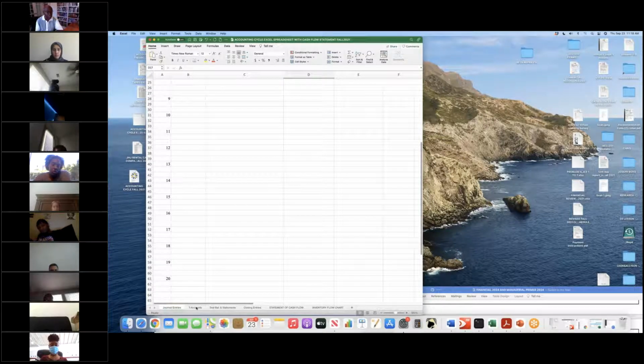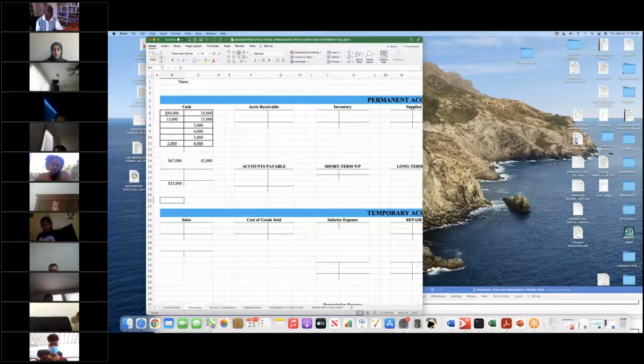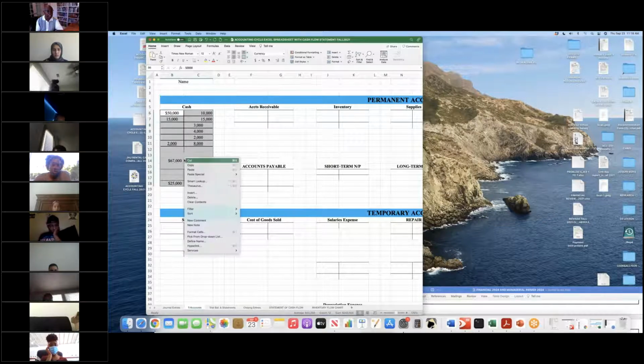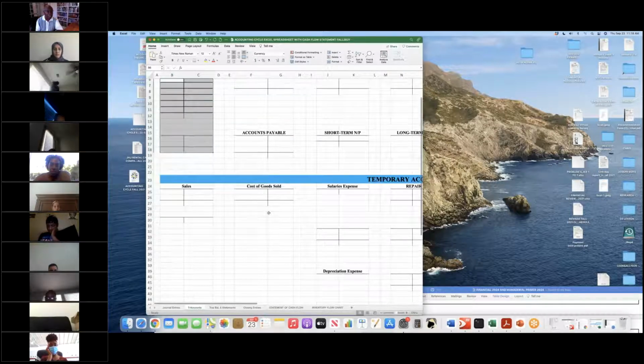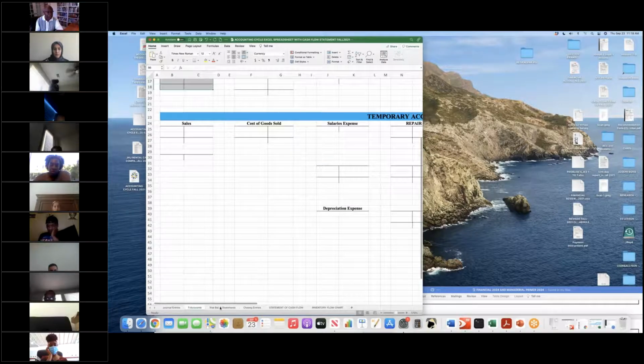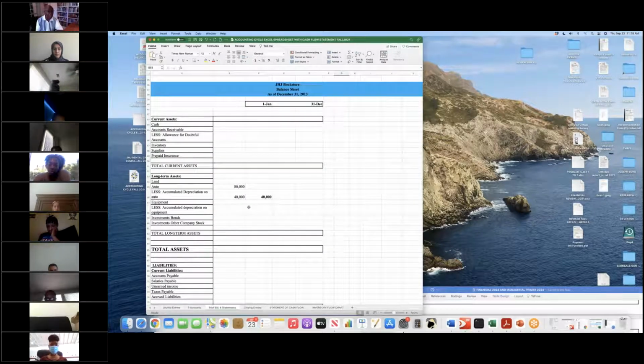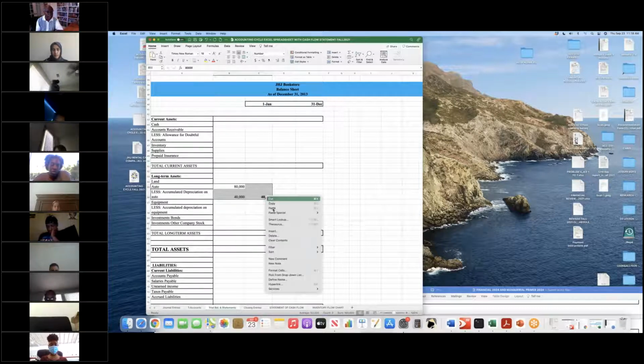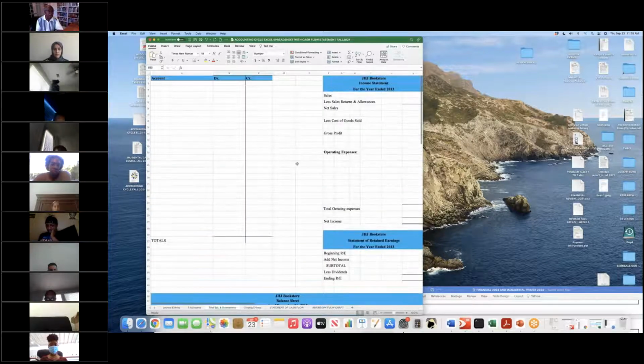Then you're posting them to the T accounts. Clear these out. And then you're preparing a trial balance. Let's see, clear content. You're up here preparing a trial balance.